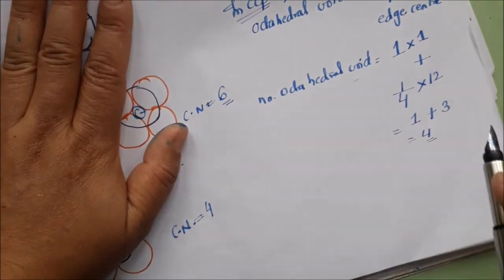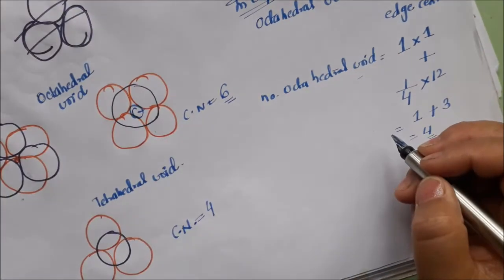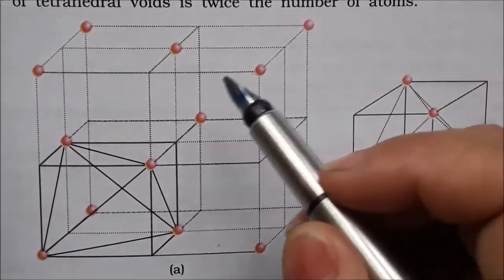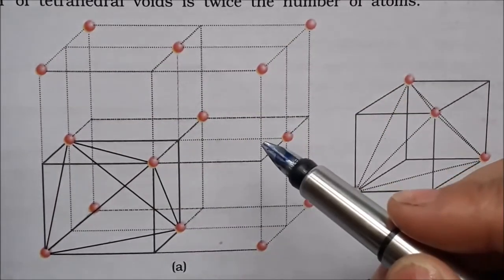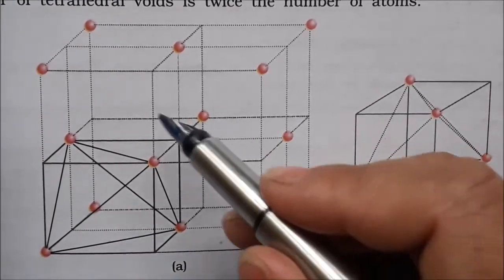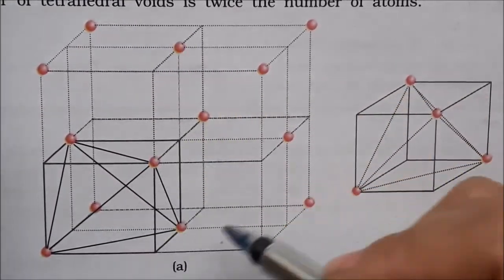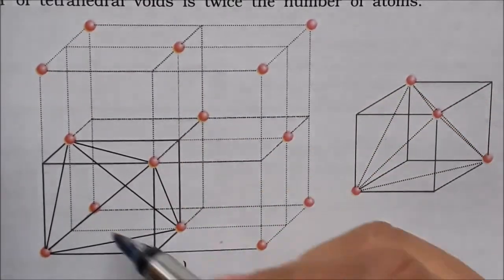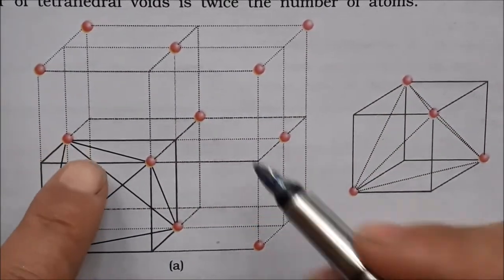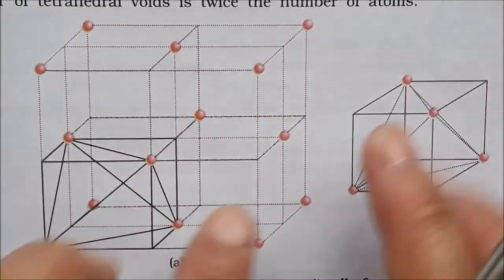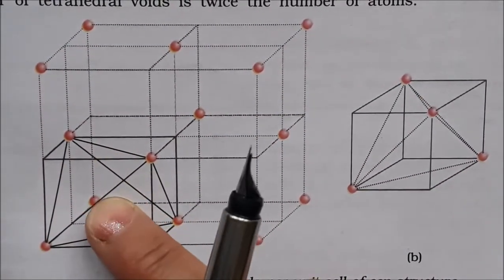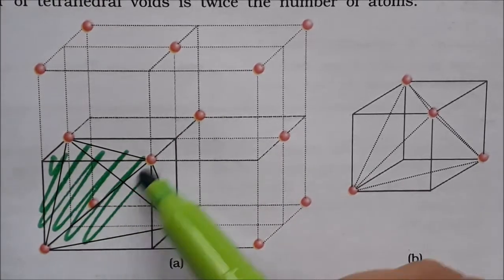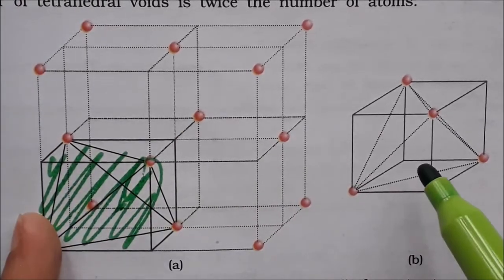So similarly, let us try to locate the tetrahedral void. This is the unit cell for CCP, the face centered unit cell. Now if we divide this unit cell into subunit cells, we get 8 subunit cells. Then I take out one box from here, this box. Now this is just one box I've taken out.